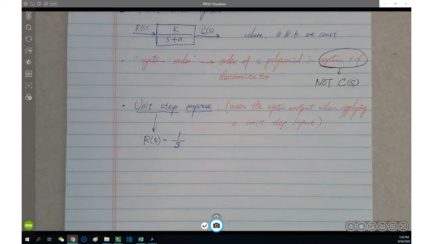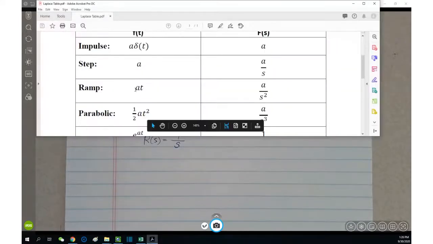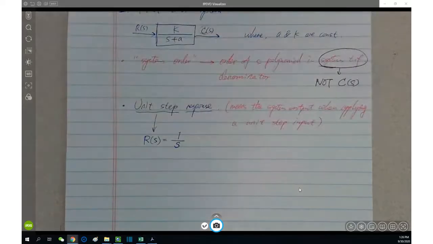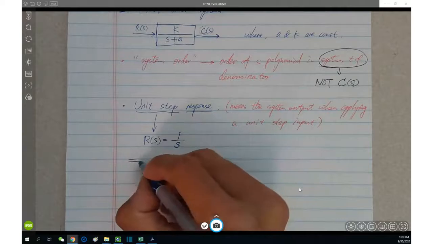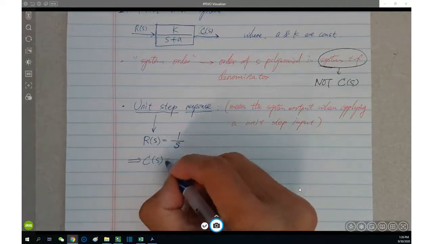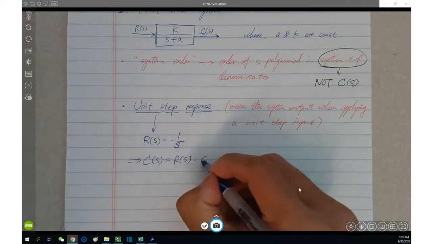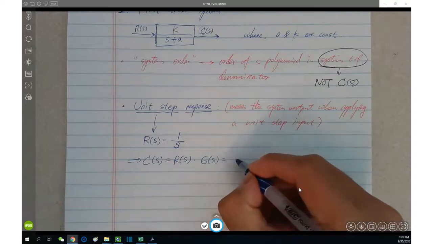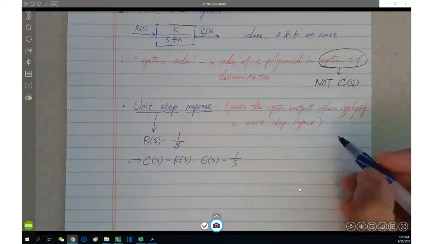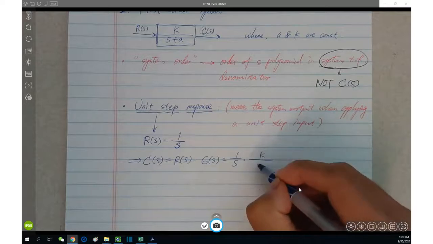This is called unit. Because in the table it's the letter A in the numerator. However, this is the step. And if you're talking about unit step, it is 1 over S. Okay. With this particular input, what is the output? C of S just equals R of S times G of S, which means your G of S is nothing but this K over S plus A, right?